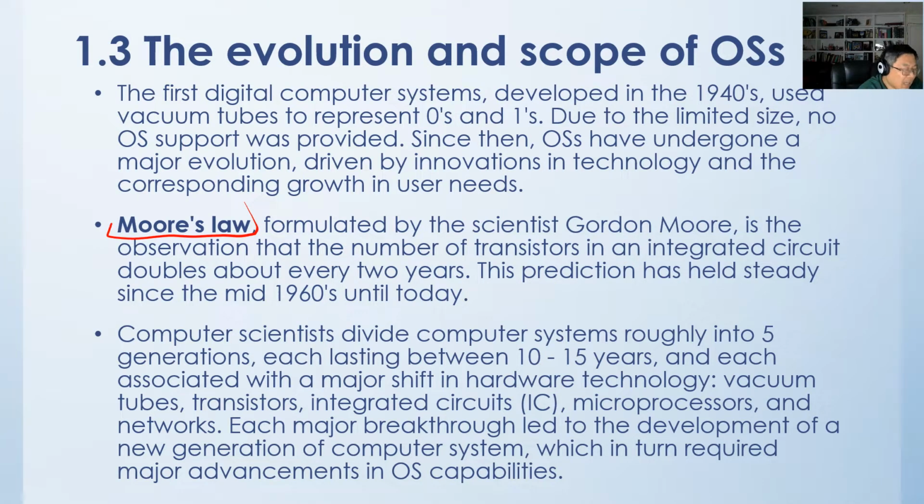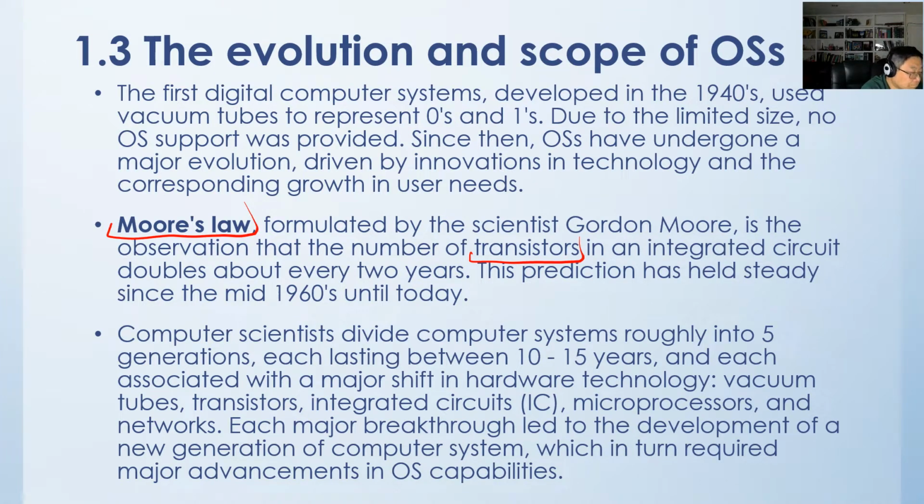It is not actually a law, it's an observation, which says that the number of transistors in the integrated circuit, another technology after the vacuum tube, doubles every 2 years. People use Moore's law to predict the development of technology, and it was pretty accurate.